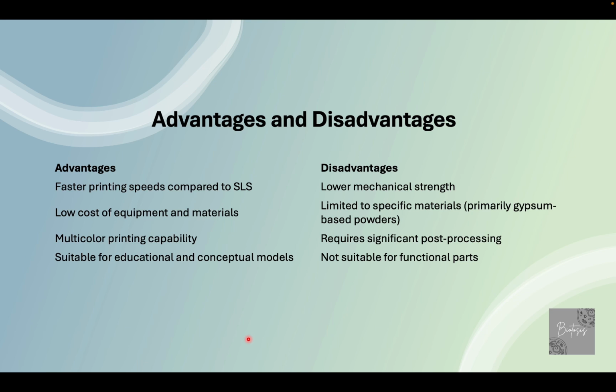Advantages: faster printing speeds compared to SLS, low cost of equipment and materials, multicolor printing capability, suitable for educational and conceptual models. The disadvantages, on the other hand, are lower mechanical strength, limited to specific materials, requires significant post processing, and is not suitable for functional parts.